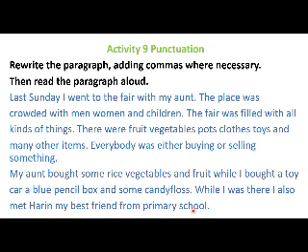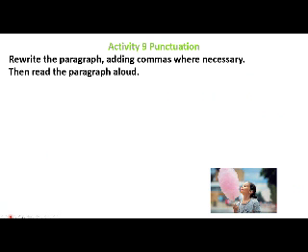Now let's see the answer of this activity. Last Sunday, I went to the fair with my aunt.